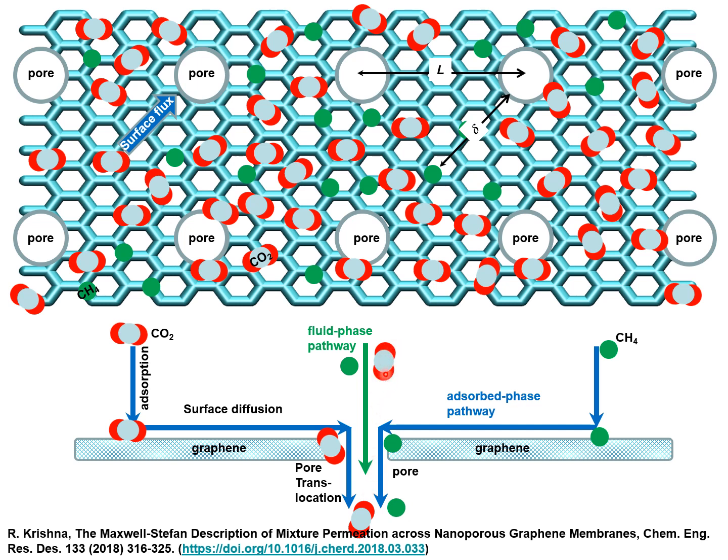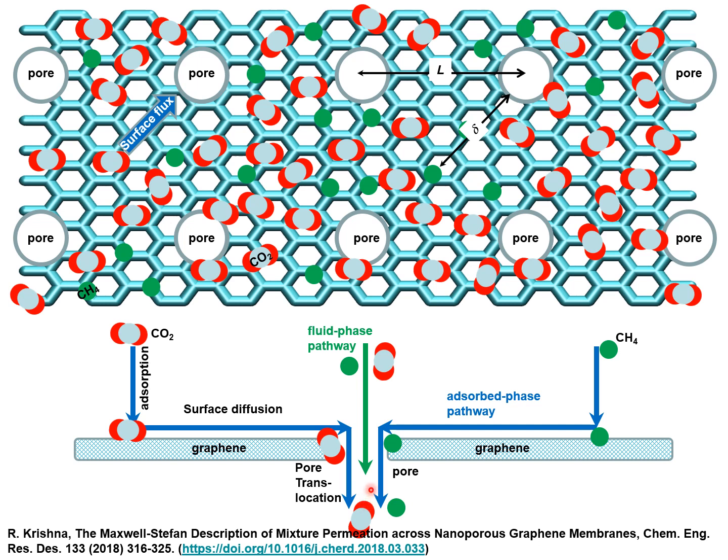This pencil-like molecule is CO2. The green circles are methane. So CO2 and methane can be transported along the fluid phase pathway through the pores.